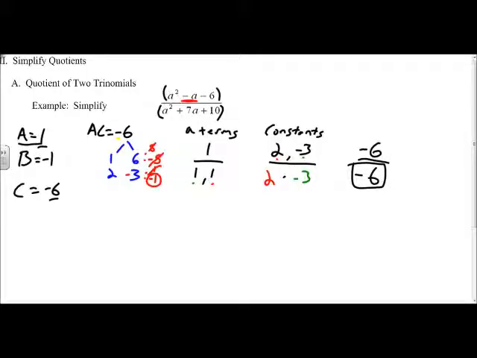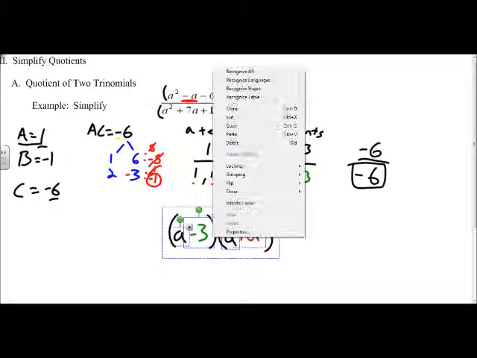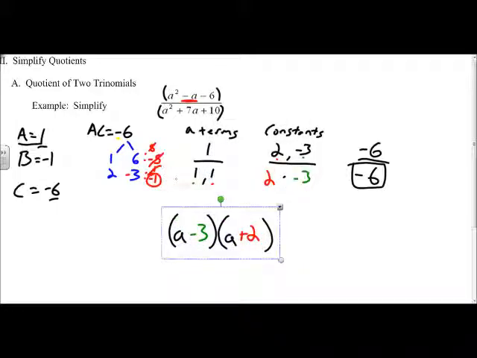So when we make our binomial factors, each one is going to have a 1a as the term. One of our 1a's needs to be paired with a 2, and one of them needs to be paired with a negative 3. So here are our two binomial factors. Let's just group them all together.